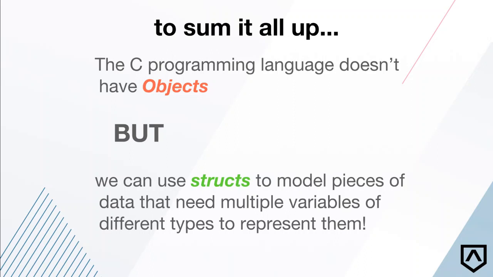They're composite pieces of data. They have multiple parts to them, right? Multiple attributes, multiple things that are associated with them. So keep that in mind as you are writing programs with these more complex elements that you need to model.